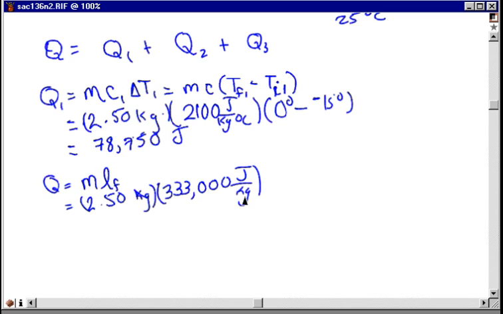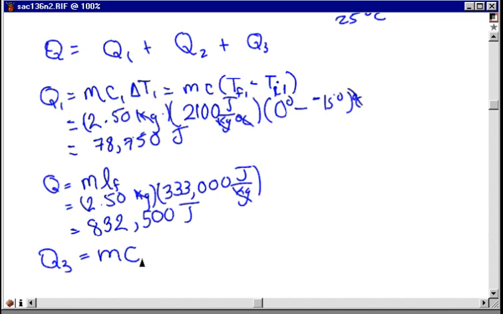The kilograms cancel, which leaves 832,500 joules. Up here I didn't do the units; the units also come to joules.